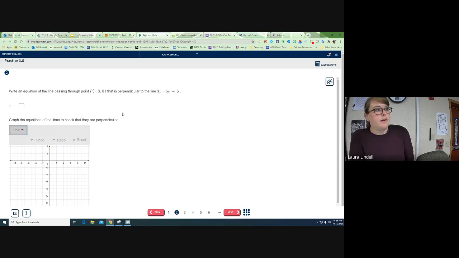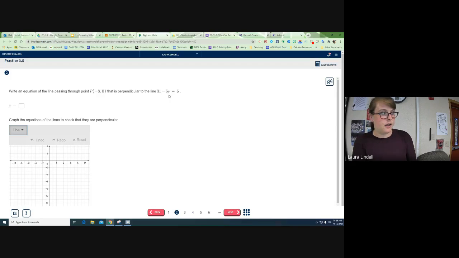This one, though, we've got write the equation of a line going through the point -8, 0, perpendicular to 3x minus 5y equals 6. Okay, so the first thing that I would do here is switch this line into slope-intercept form so I can figure out what the slope is going to be.